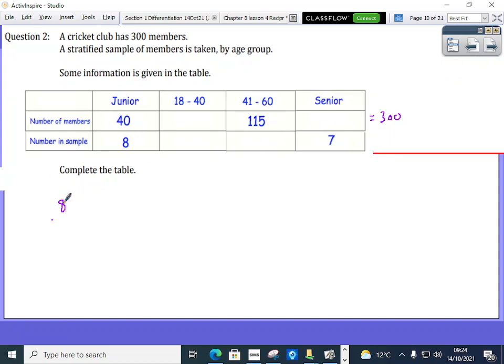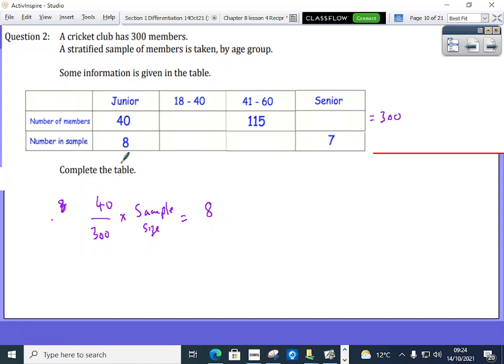So what I should do is I know that 40 shared by 300 multiplied by my sample size is going to equal 8.